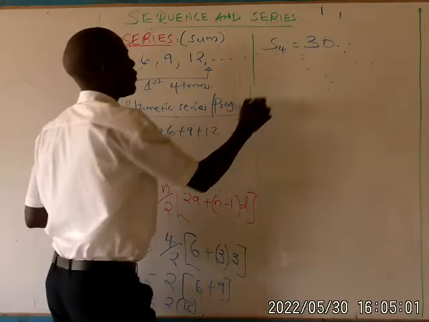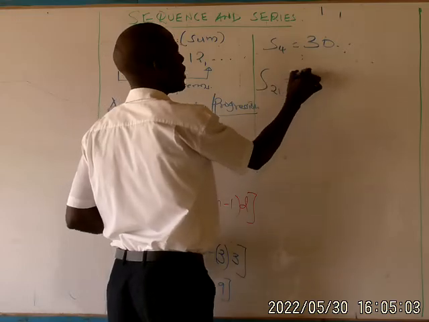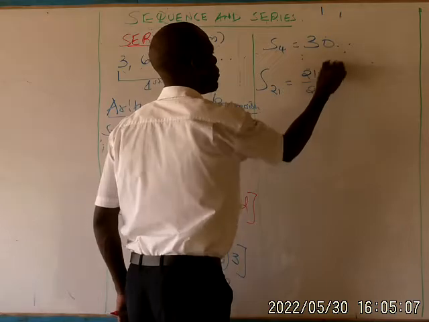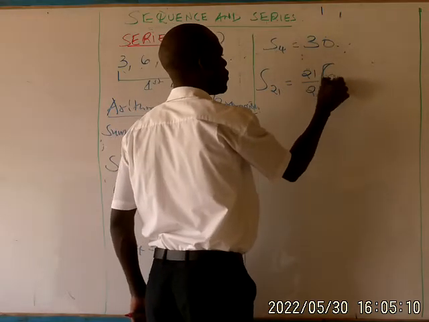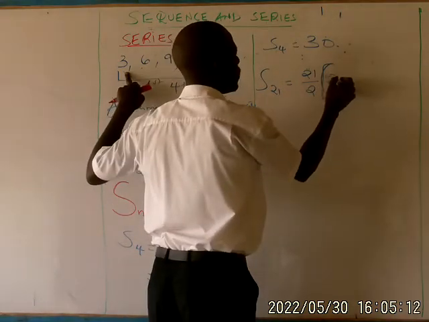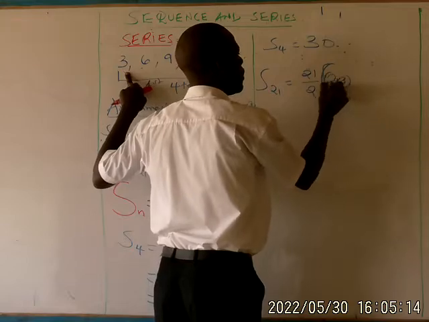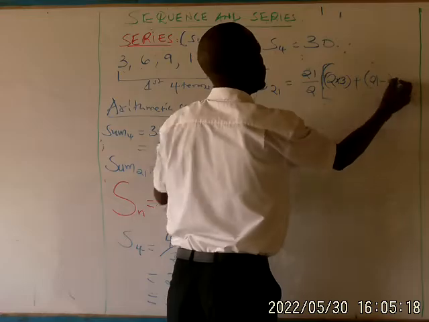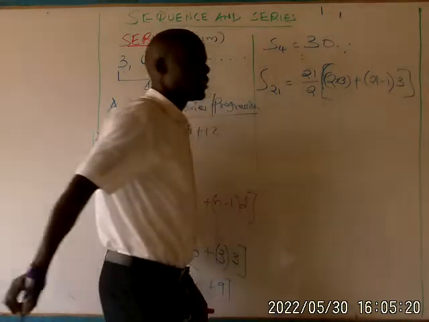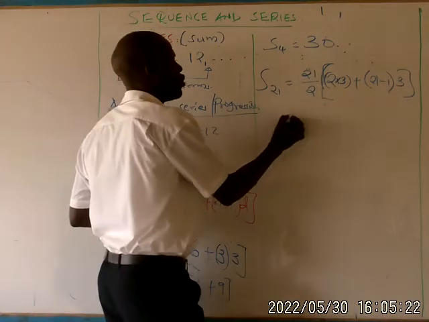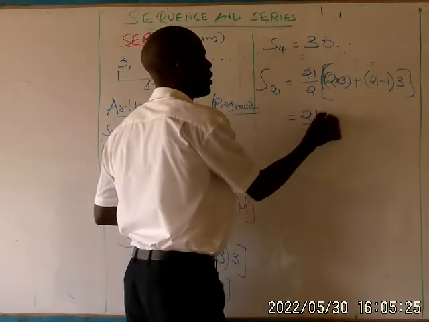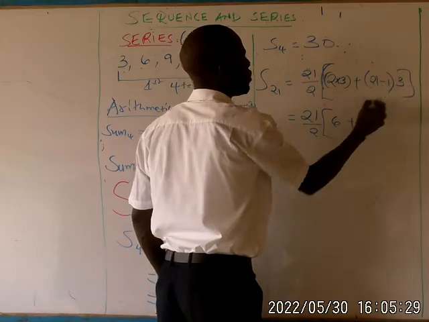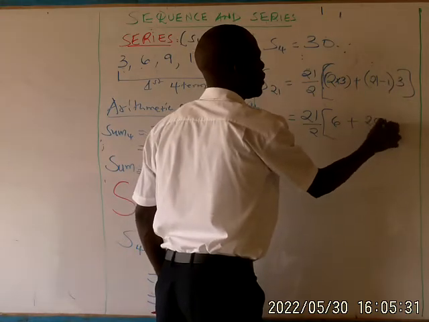If I was looking for the first 21 terms, just write 21 over 2, brackets, 2 times a, but a is 3, so 2 times 3, then plus 21 minus 1 times d, d is 3. Therefore, I will continue to get 21 over 2 times 2 times 3, which is 6, plus 20 times 3.